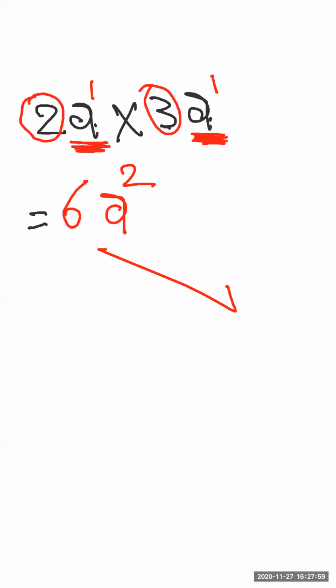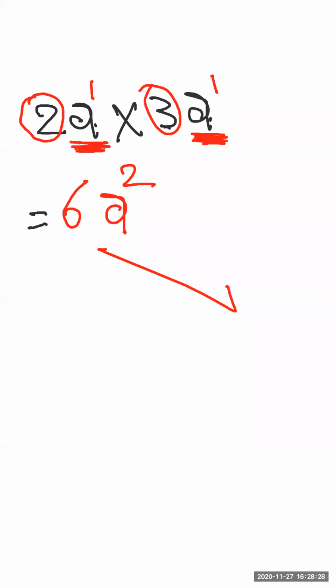Okay, now you can ask. So when can we multiply the two bases? No, we will not multiply the bases. If they are the same bases, we will just add the powers. If they are different, we will multiply the bases.